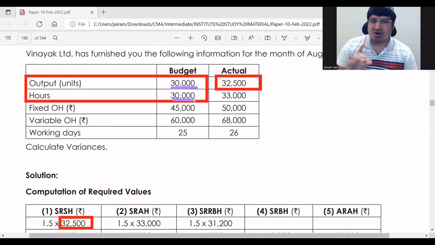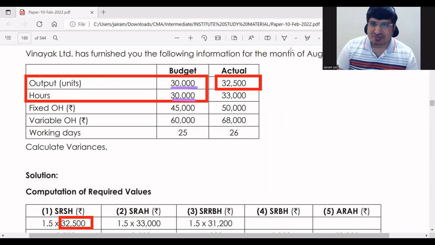That is the standard. Now in actual, if you are making 32,500, how many standard hours do you need for that? That is 32,500 into 1 hour, which gives us 32,500. So the first one is over.